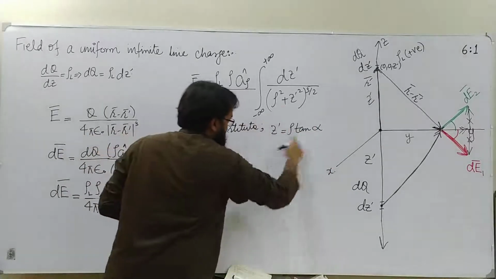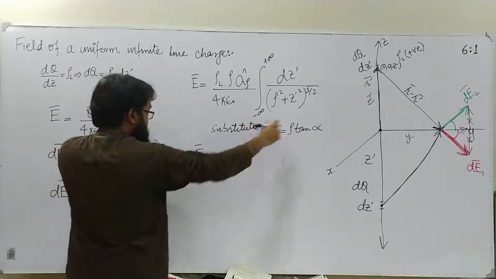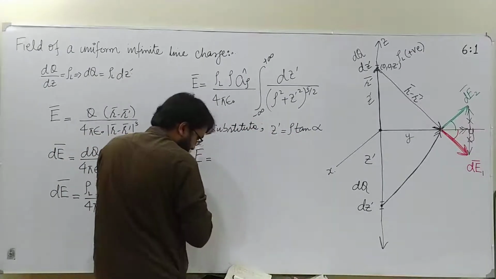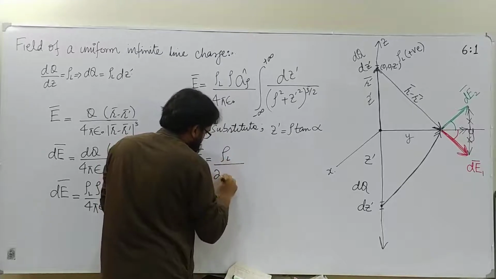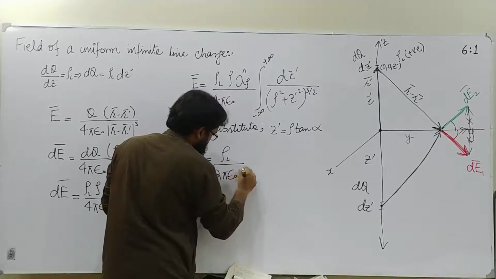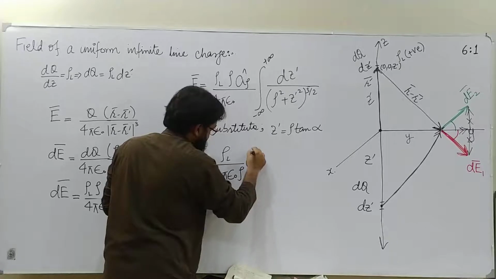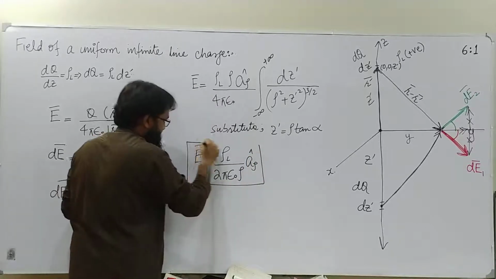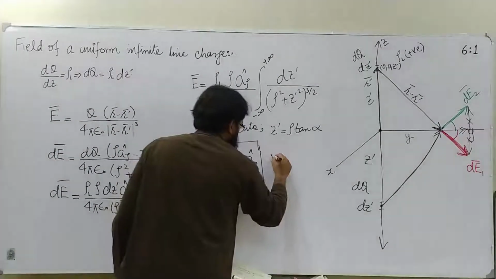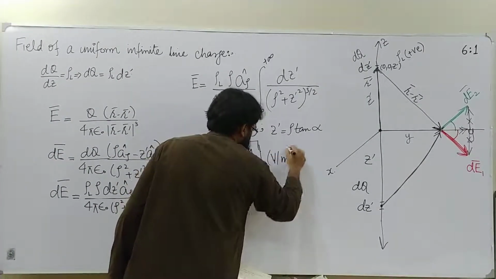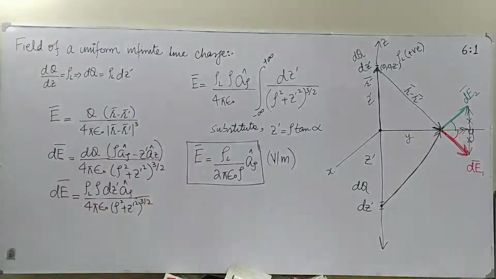I have just given you the substitution. Use this substitution and integrate it, put the limits, and you will end up in the final expression, which would be this. So this is the formula for finding the vector electric field intensity due to an infinite uniform line charge density.